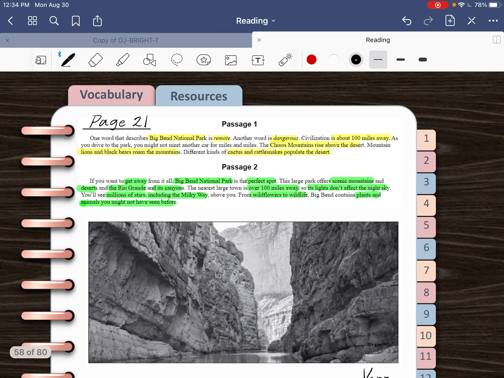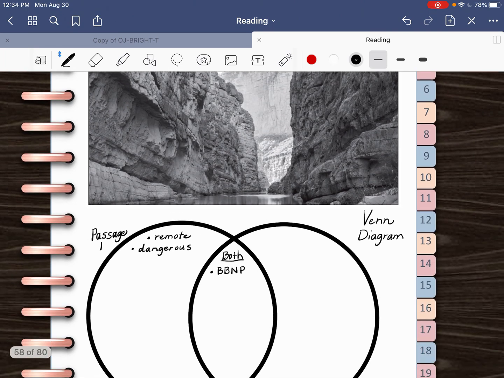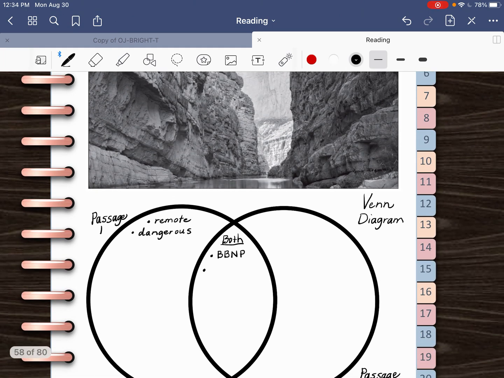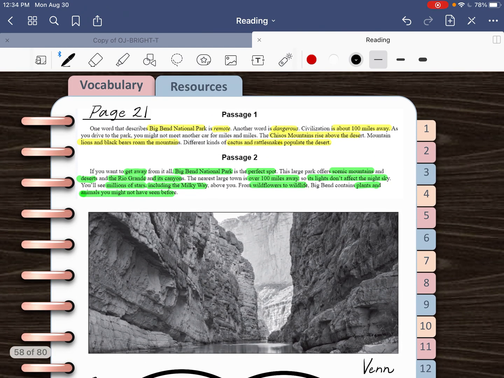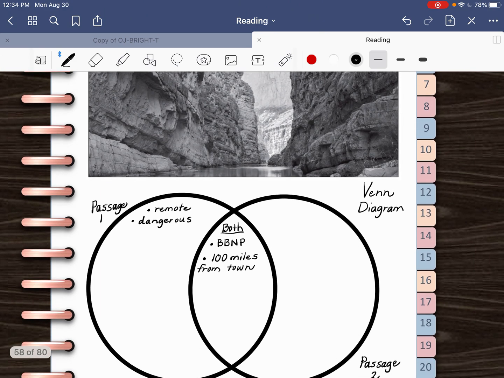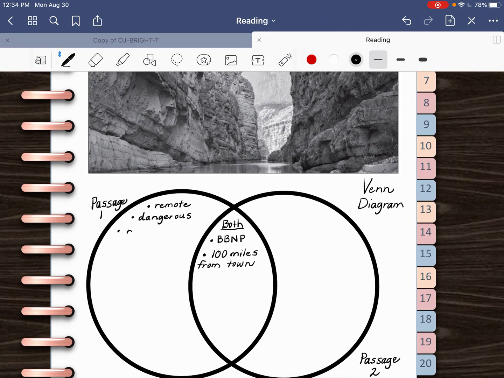Okay. Civilization is about 100 miles away. That is mentioned in both of them, that they are 100 miles from town. You might not meet another car for miles and miles. That's passage 1.